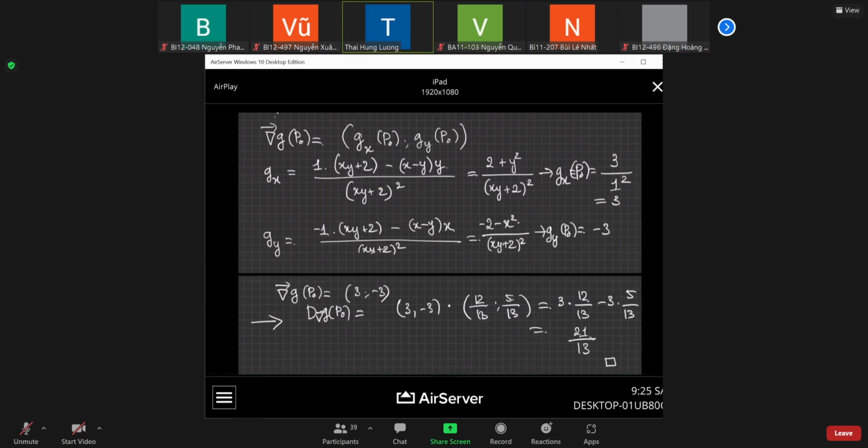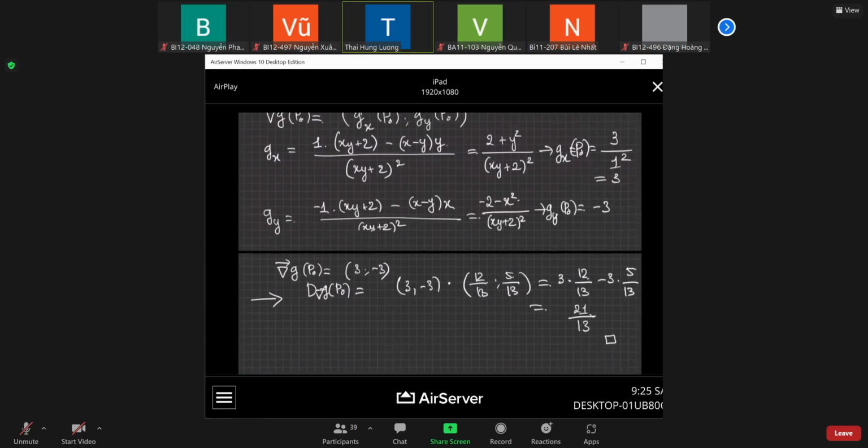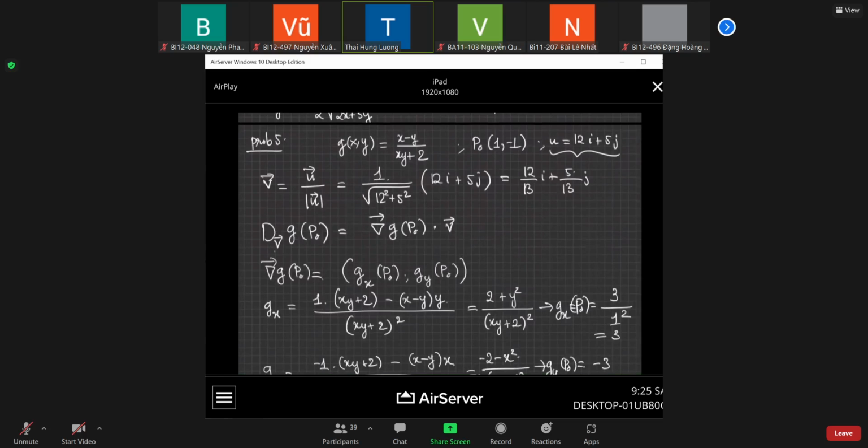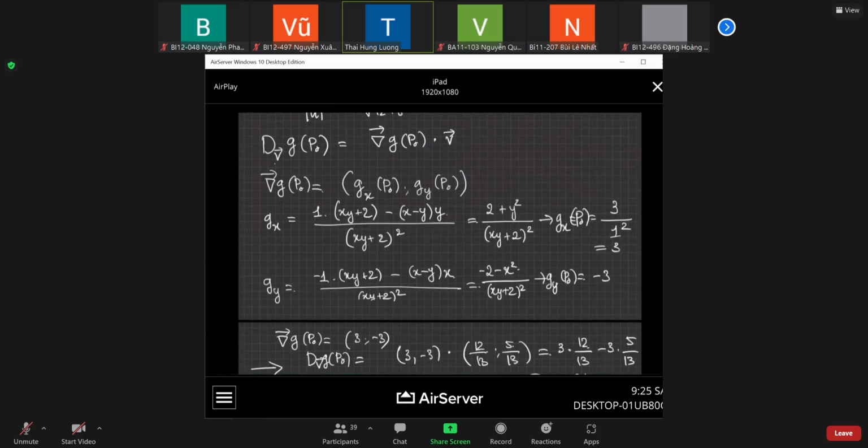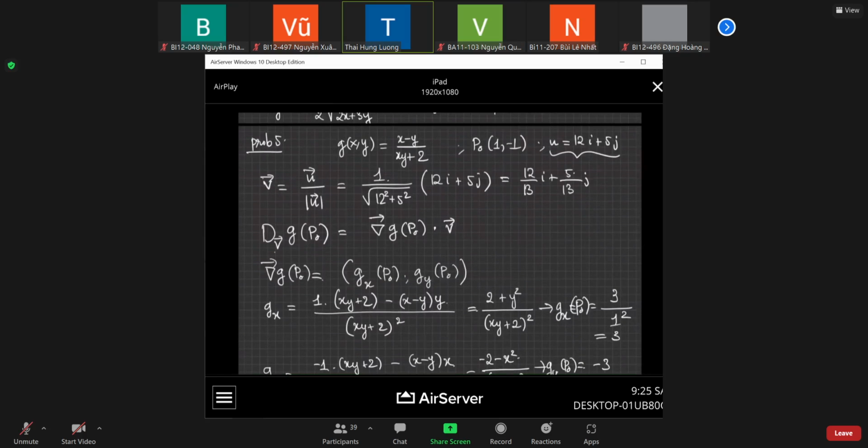Okay, so we continue. I hope you have enough time to take a look again on how to find the directional derivative. Let me recall it one more time that we should be careful, because when we say about the direction, we need to normalize the given vector.